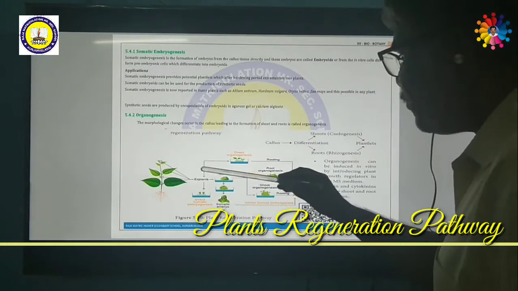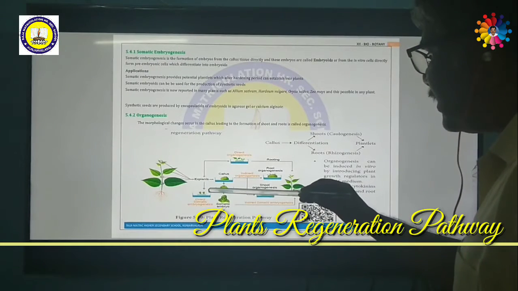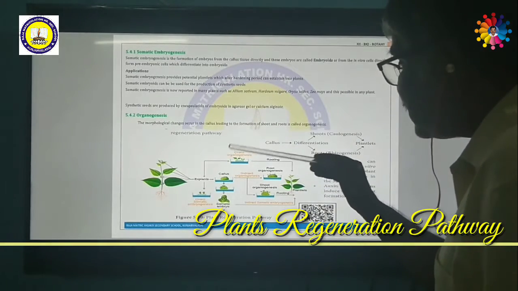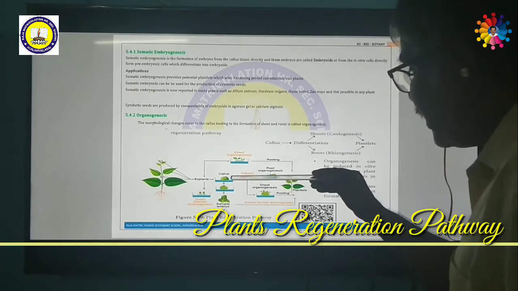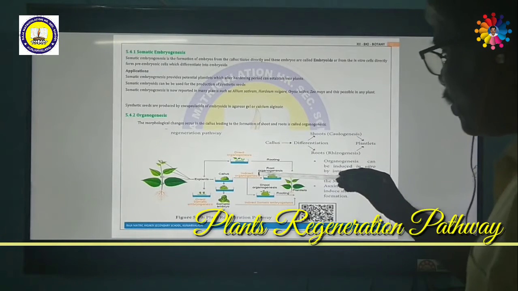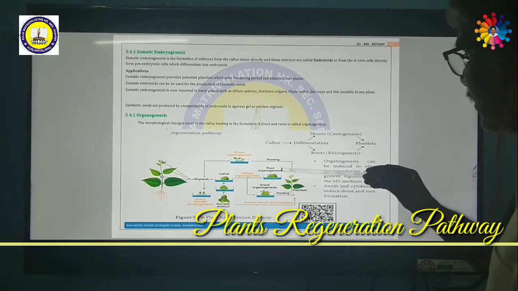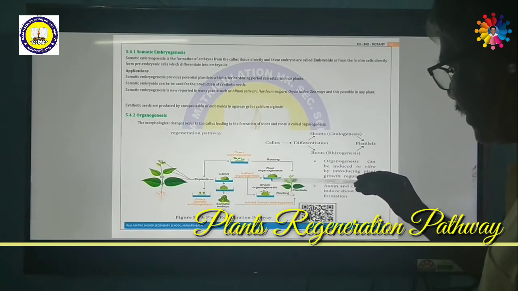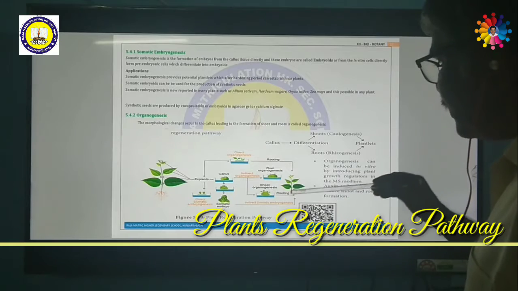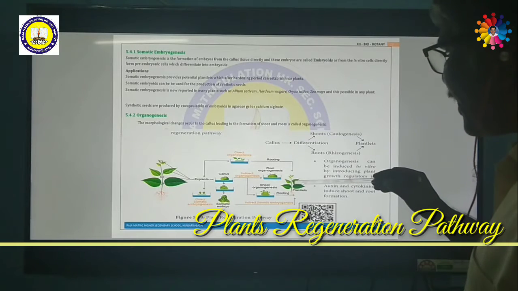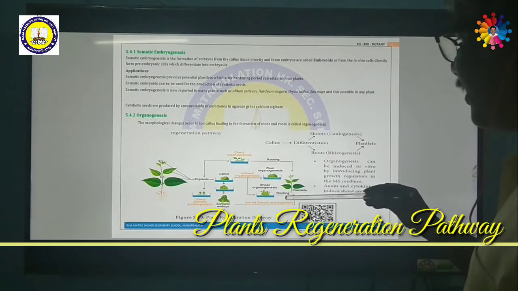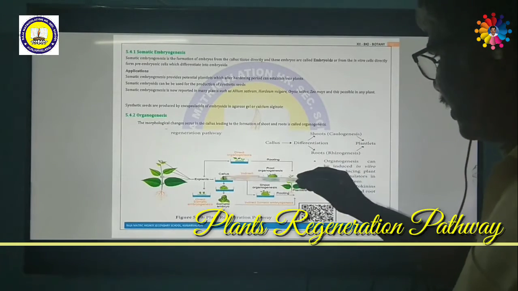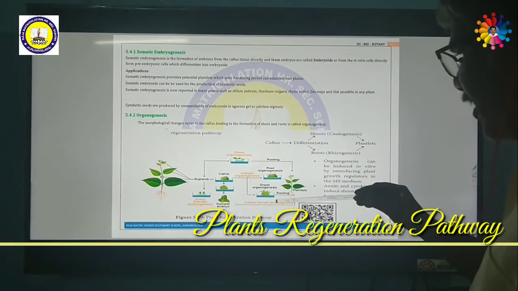Otherwise, if the explant produces callus in the laboratory, from this callus they can produce root organogenesis, which is called rhizogenesis, and shoot organogenesis, which is called caulogenesis. Then when rooting and shooting are formed, a plantlet is produced. This is called indirect organogenesis. If it is produced directly, it is direct organogenesis. If it is produced from callus, it is indirect organogenesis.